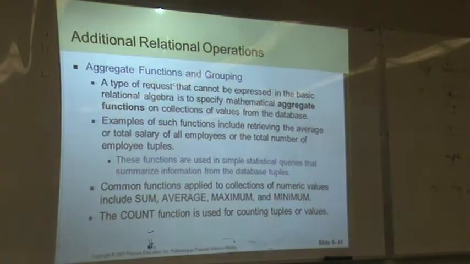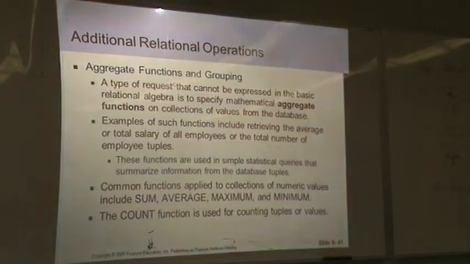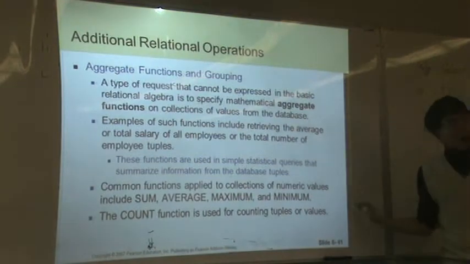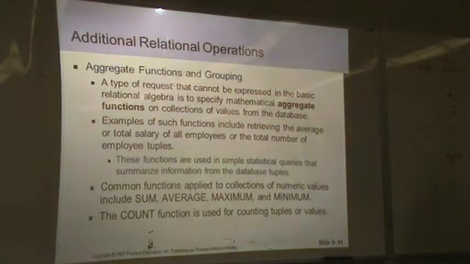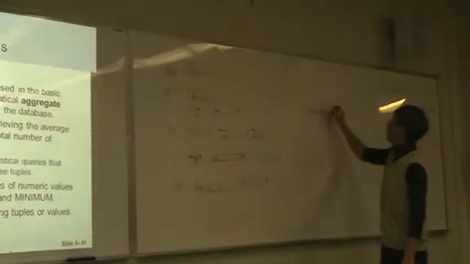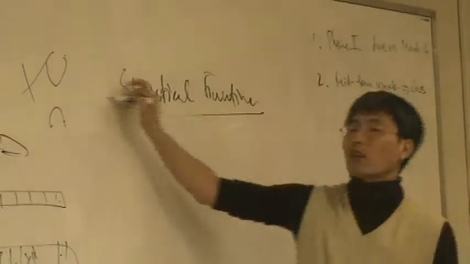So one of the reasons why they use such SQL directly, SQL provides very, very powerful functions for grouping and aggregate function. What is the statistical function that you know? Statistical function.